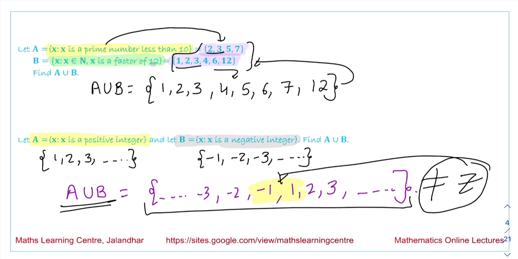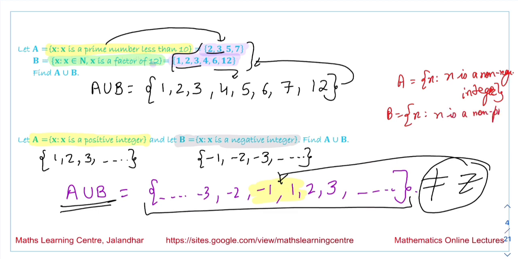Now suppose the sets A and B are such that A is the set of x such that x is a non-negative integer, and B is the set of x such that x is a non-positive integer.